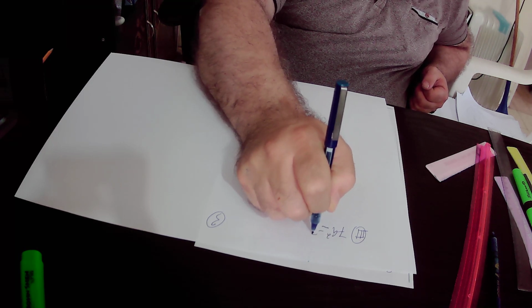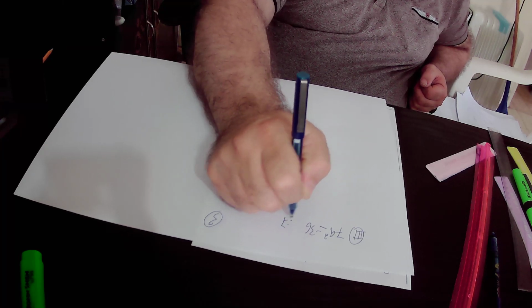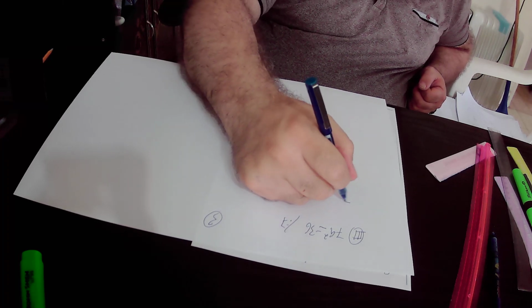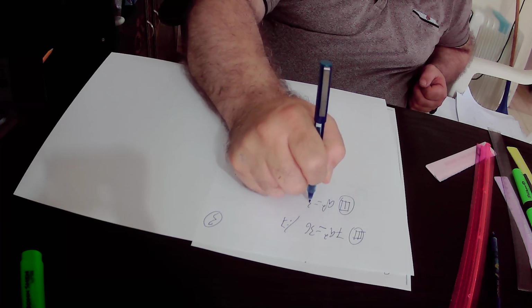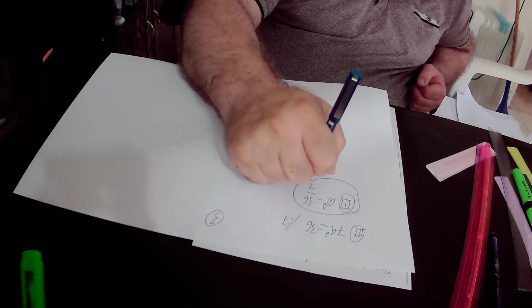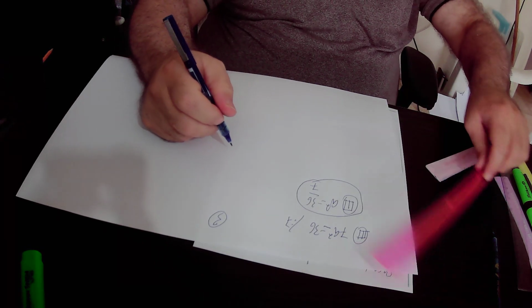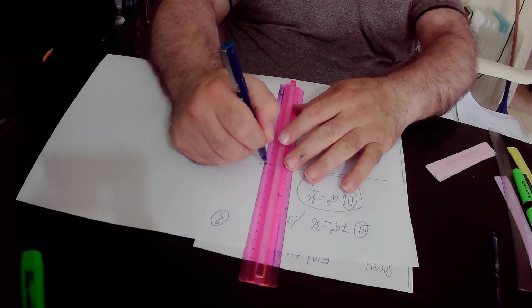It is equal to 36. Here we divide this equation number 3 by 7, and we get that A squared equals 36 over 7. Okay, A squared equals 36 over 7.